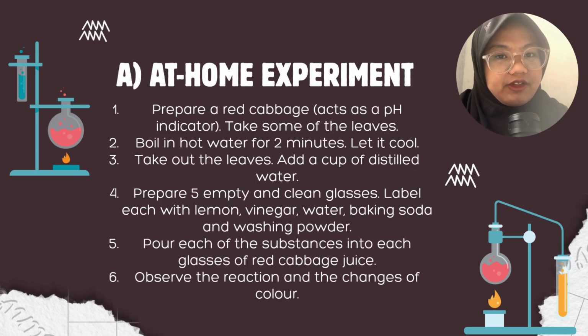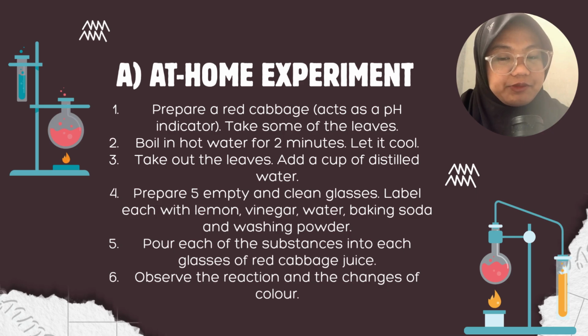And then fifth, you need to pour each of the substances into each glass of red cabbage juice, just like I mentioned. If you label it with baking soda, just add baking soda into the glass.